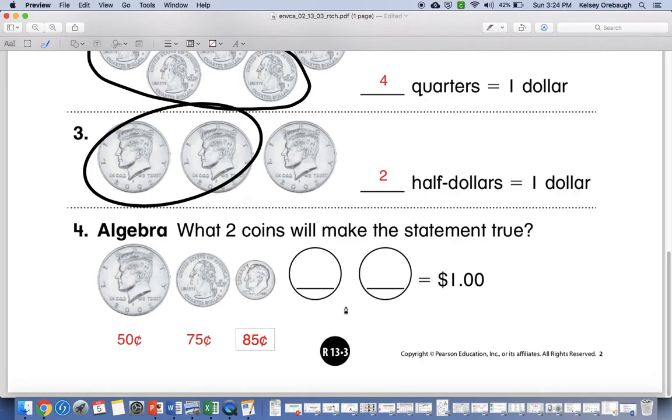I am missing 15 cents. 85 cents plus 15 cents would give me 100 cents. 85 plus 15 is 100. Can you think of 2 coins that equal 15 cents? I'll give you a hint. One of those coins is worth 10 cents, and one of those coins is worth 5 cents.